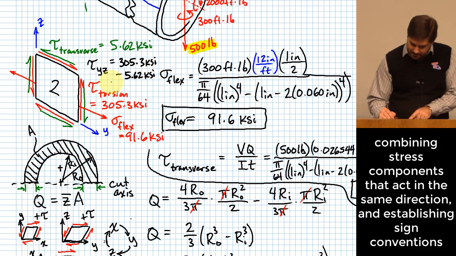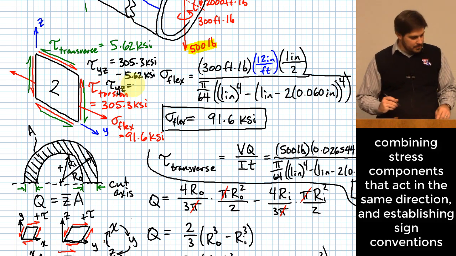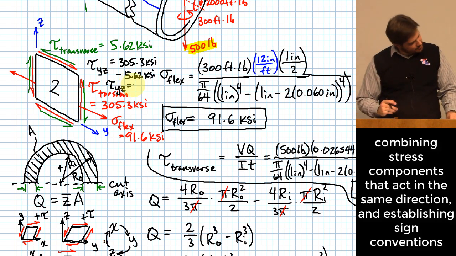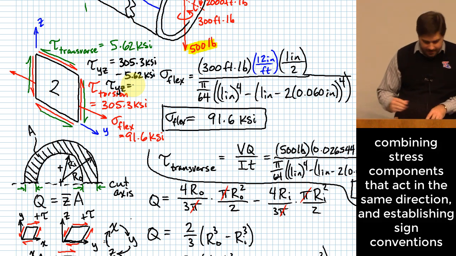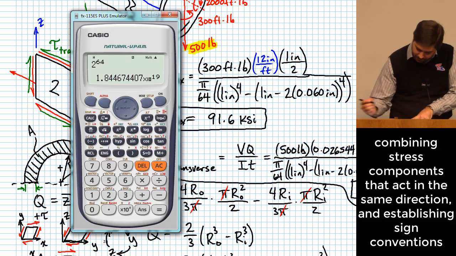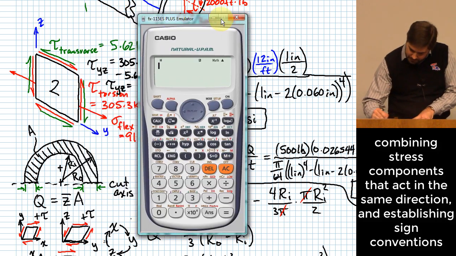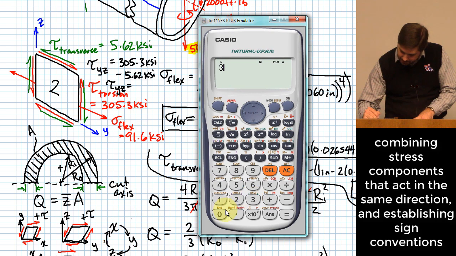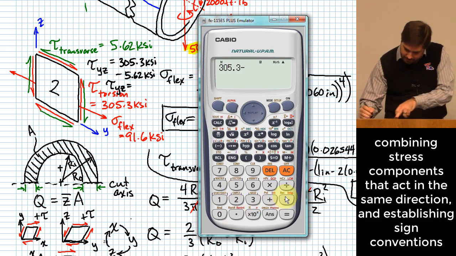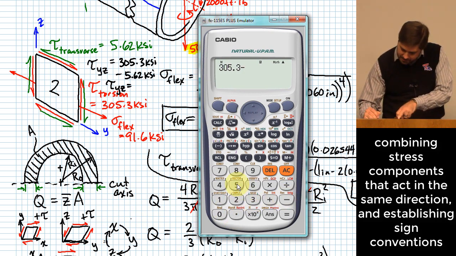Okay, and so my tau sub YZ, trying to see if I calculated this anywhere. I don't know that I ever put that in. All right, let me calculate that real quick. So tau sub YZ just ends up being 305.3 minus 5.62.